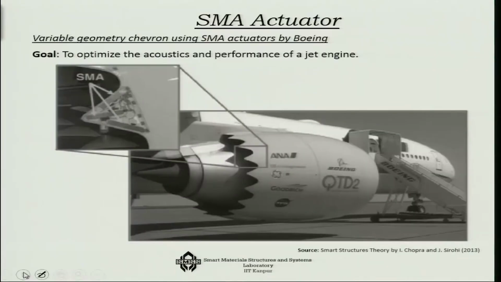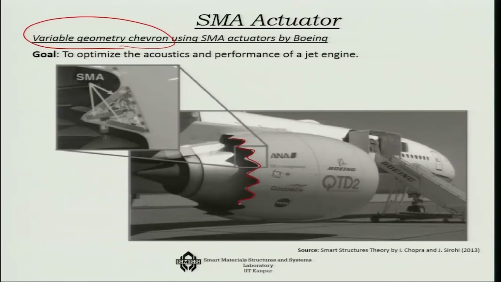One of the fantastic applications of SMA is the variable geometry chevron, which is done by Boeing in Dreamliner aircraft. If you next time fly in a Dreamliner, you would notice that the edges near the engine are jagged.